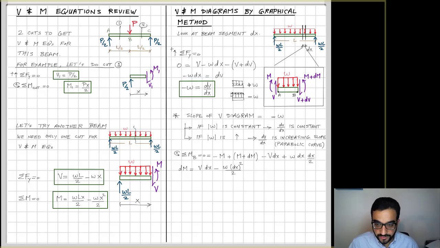So rearranging the equation, that will give me that dM is equal to V dx minus W dx to the power 2 over 2.